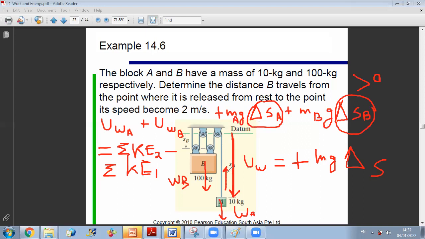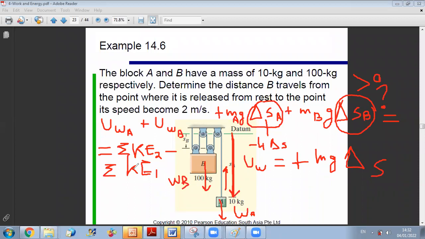Now, since you have a relation between delta SA and delta SB, and you want to find delta SB, you replace in this equation delta SA by minus 4 delta SB. Then your only unknown on the first side is delta SB. For the second side, you have the sum of kinetic energies at state 2 minus the sum of kinetic energies at state 1.